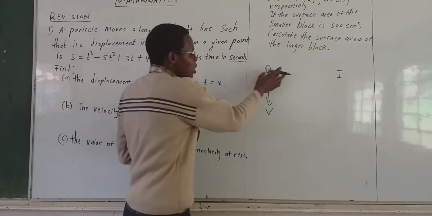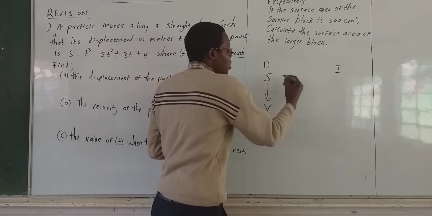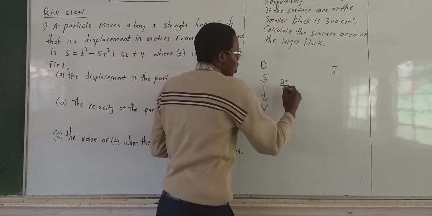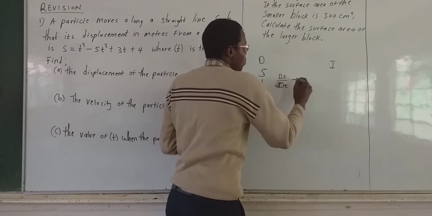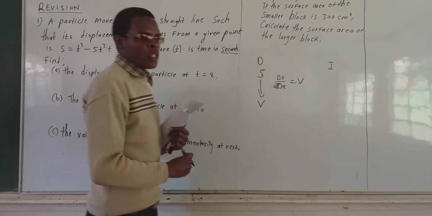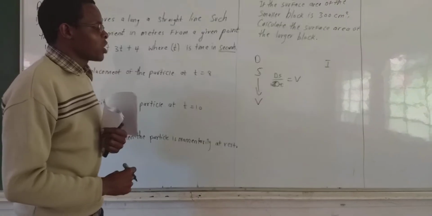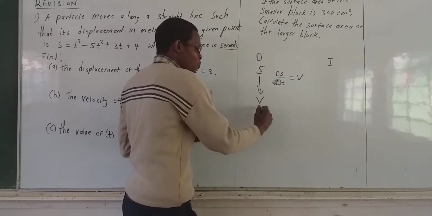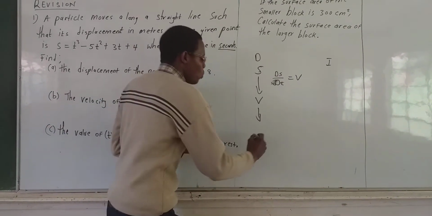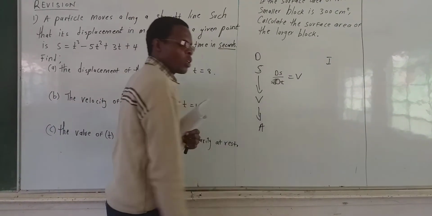When we talk about displacement, we are talking about ds over dt, which is also given as velocity. Then, if we differentiate velocity, we find acceleration.